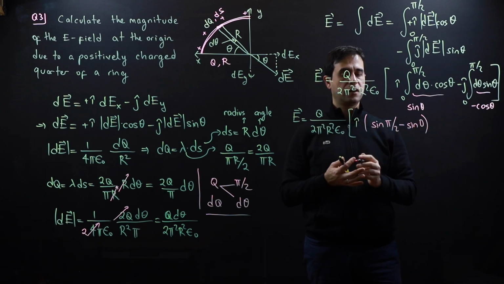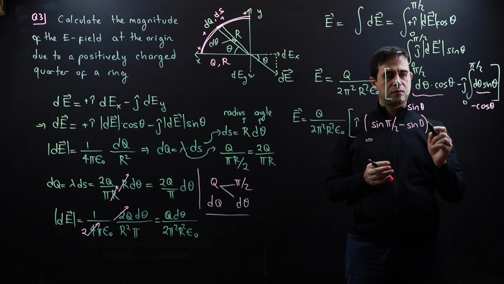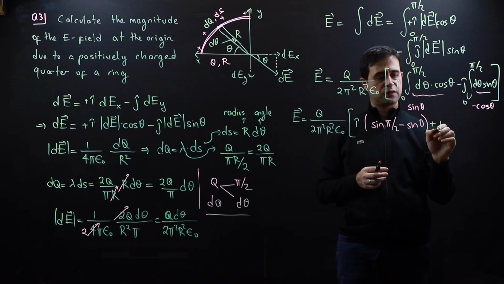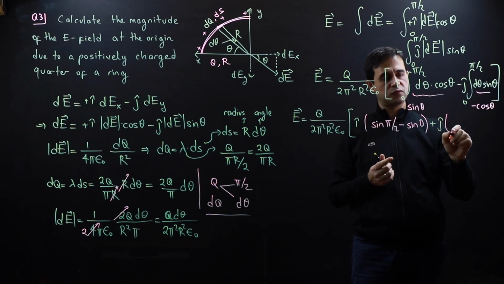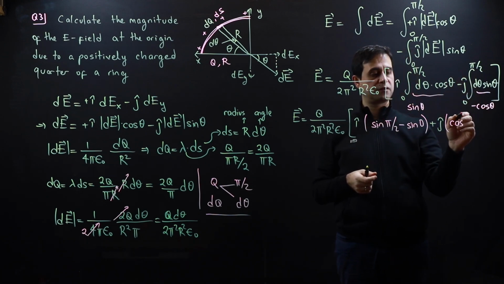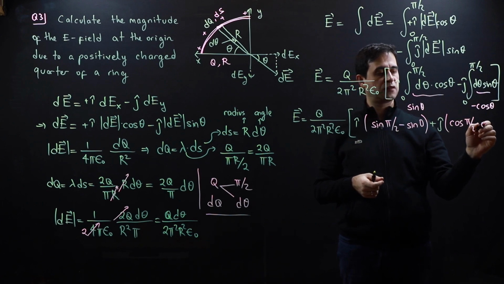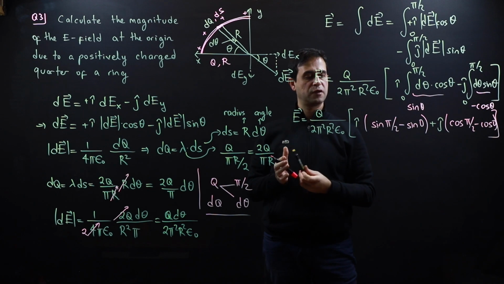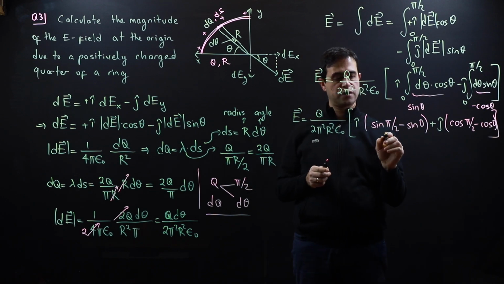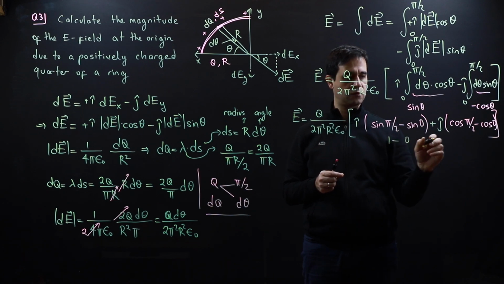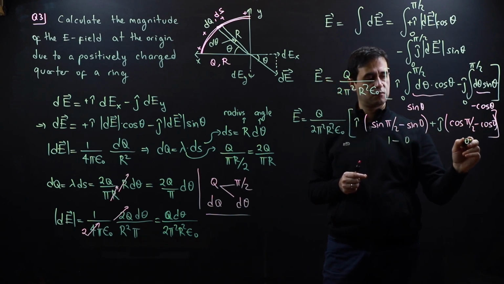And now this minus and that minus are going to cancel each other, so that's plus j hat. And again, cosine of the upper range, which is pi over 2, minus the lower range. So that is 1 minus 0, and that's 0 minus 1.